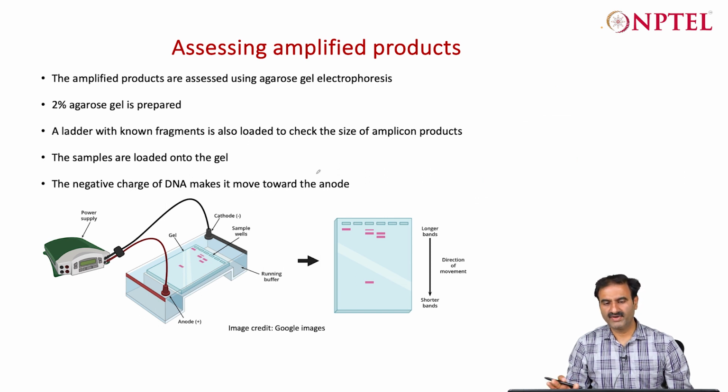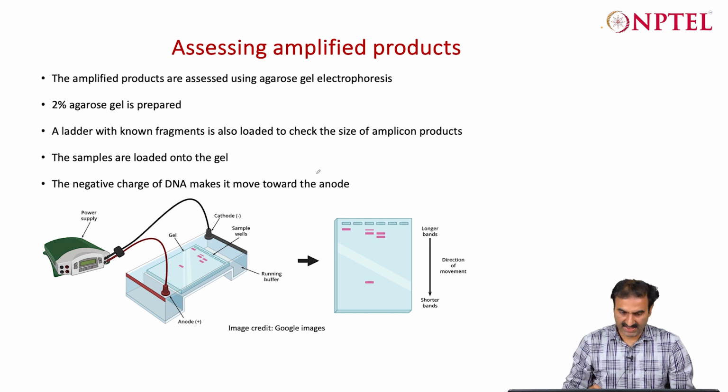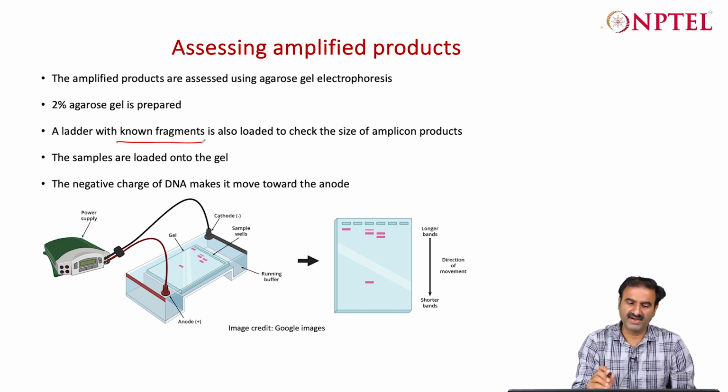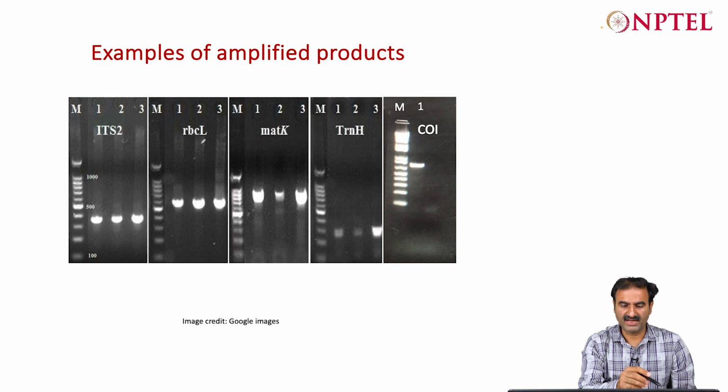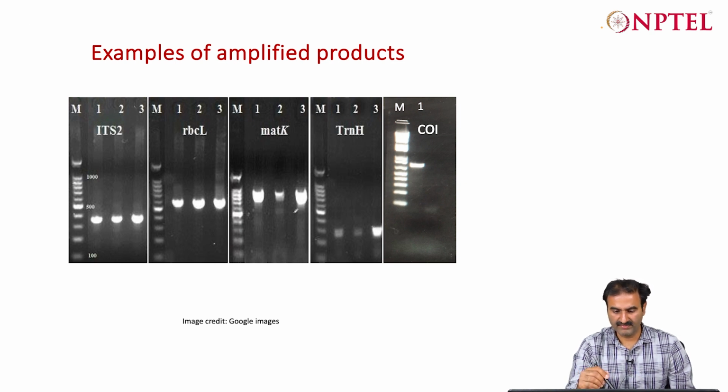Then whatever products you have got, you have to assess them using a gel, to check that the amplicon size, or the molecular weight, is as expected. You check the PCR products on the gel and compare them with a known ladder of fragments, which tells you that you have got the correct size and the gene you are looking for.